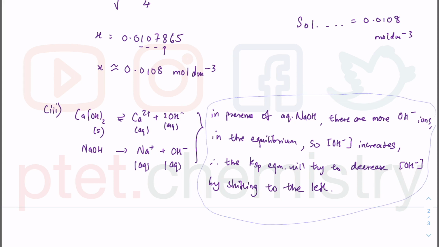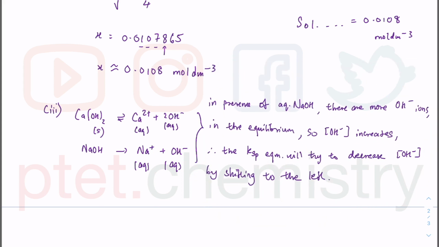So therefore, solubility of calcium hydroxide decreases. They ask how it would vary compared to in water. In water, you don't have these, so the solubility of calcium hydroxide in aqueous sodium hydroxide would decrease; it will be lower.